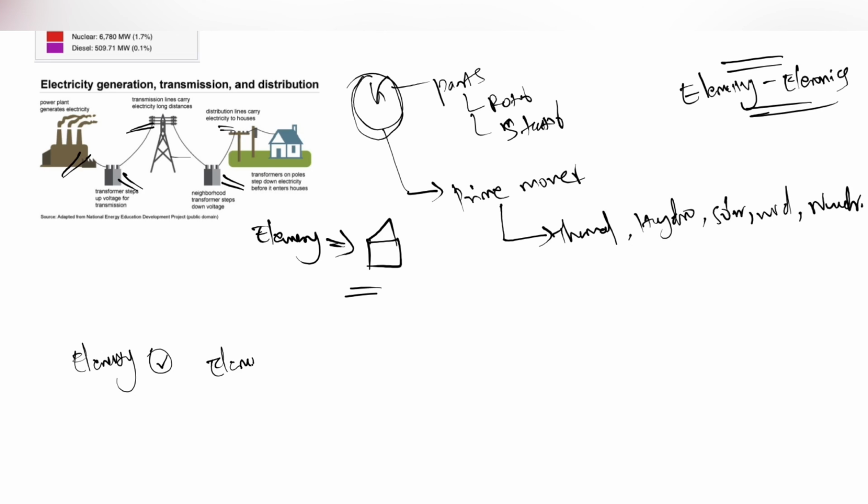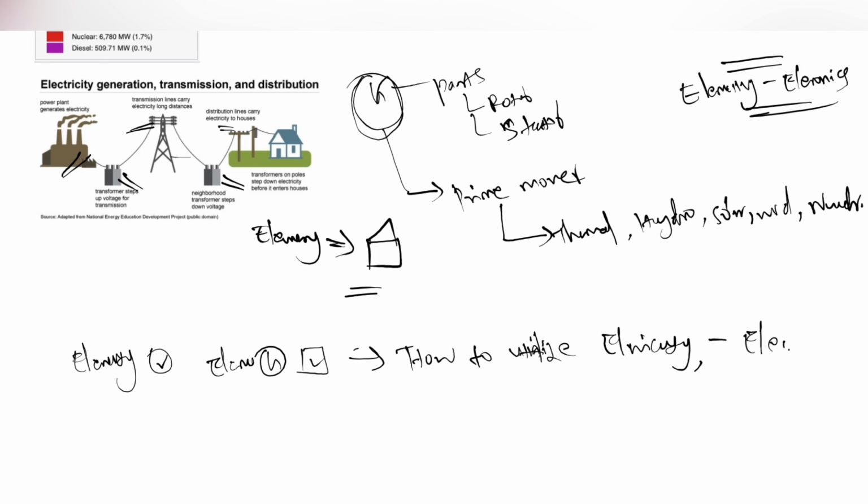Electricity generation is also now discussed. Next is how to utilize electricity, right? So utilization of electricity is what we call electronics, and we're going to discuss the fundamentals of electronics in the coming sessions. Stay tuned.